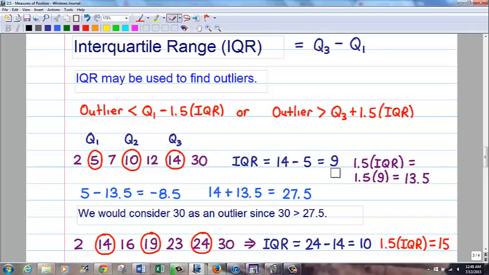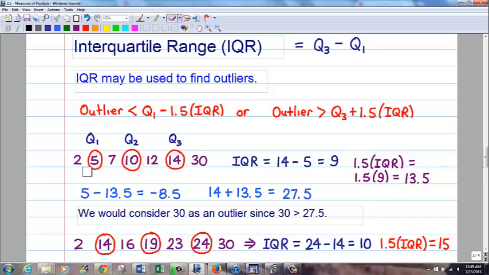If you take Q3 and add to that, you get 27.5, not 13.5. So we would consider any number smaller than negative 8.5 or larger than 27.5 to be an outlier.